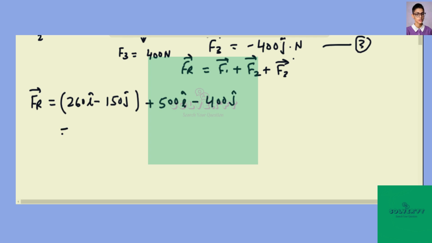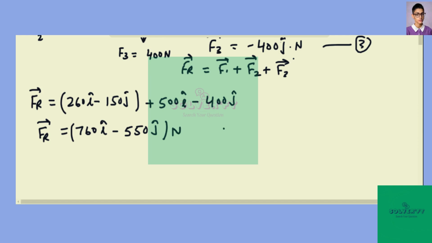So finally the result will be 760 Newton i cap minus 550 Newton j cap. Here I am writing the unit.